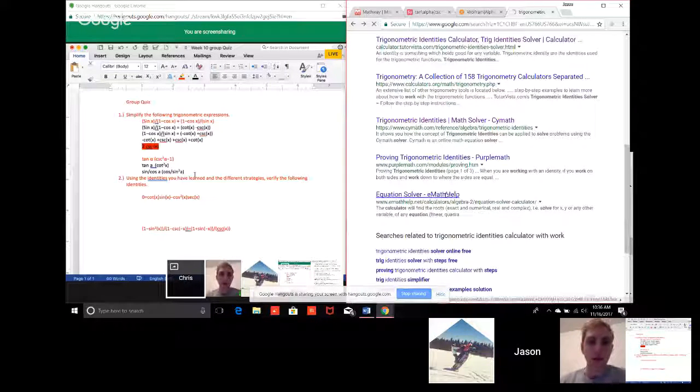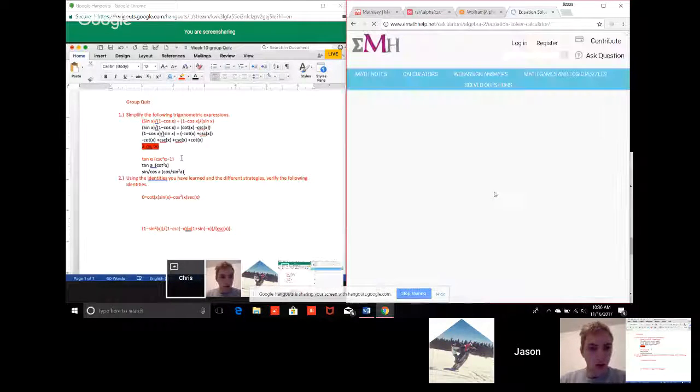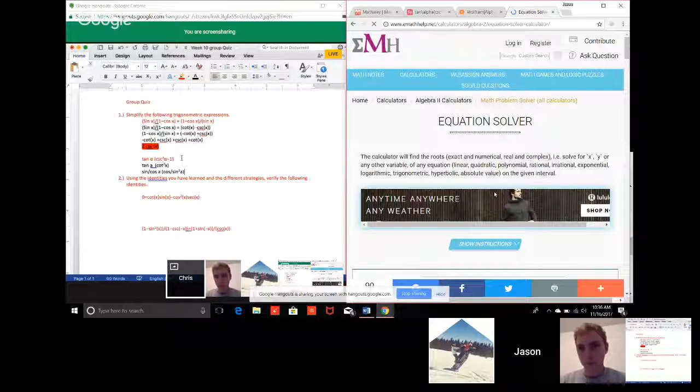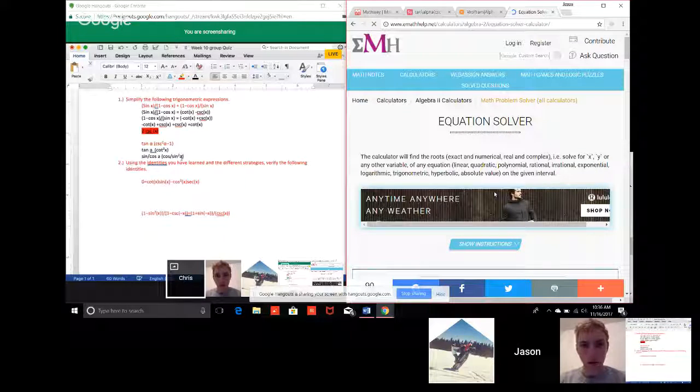Is cosecant squared alpha minus 1 equal to cotangent? Yeah. Well, cosecant squared alpha equals cotangent squared x plus 1, but the plus and minus 1 just cancel each other out. So now we're just trying to figure out what to do with tangent. Okay.